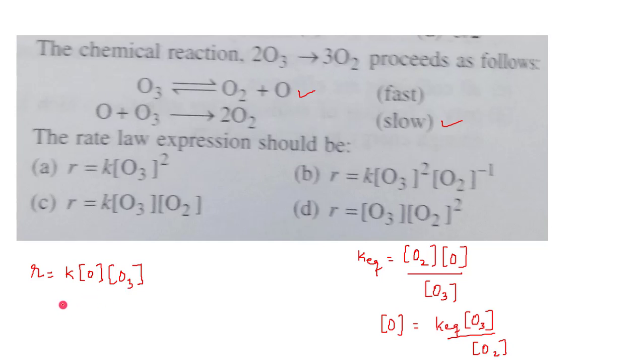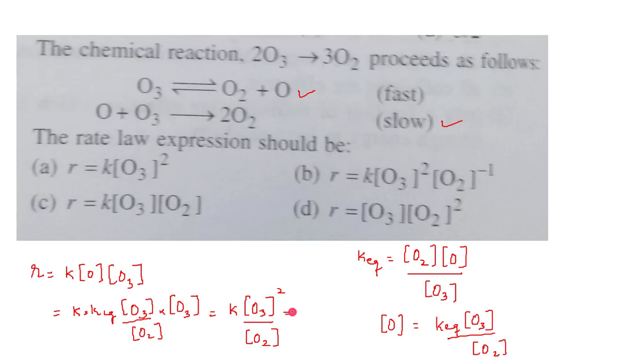So that you can substitute over here, because either the reactant or product should come in the rate law. So I'll write K into K equilibrium, O value is O3 divided by O2, into, as usual, this one O3. So this together I'll write as K dash, or simply K, O3 into O3, so O3 is raised to 2, divided by molar concentration of O2.